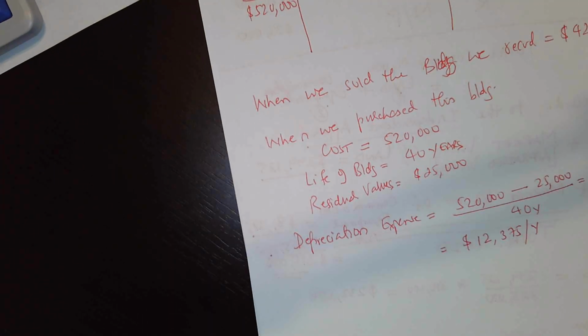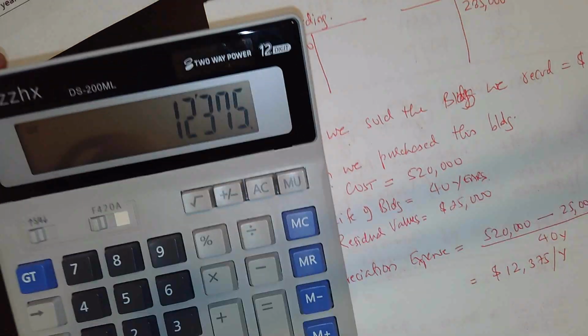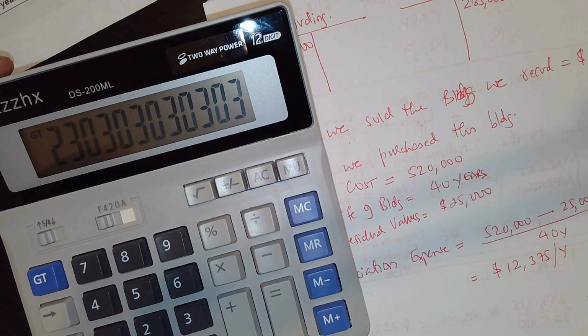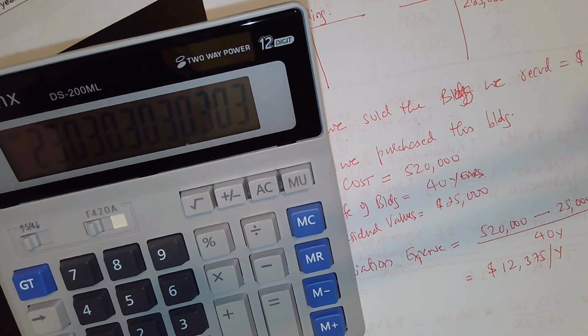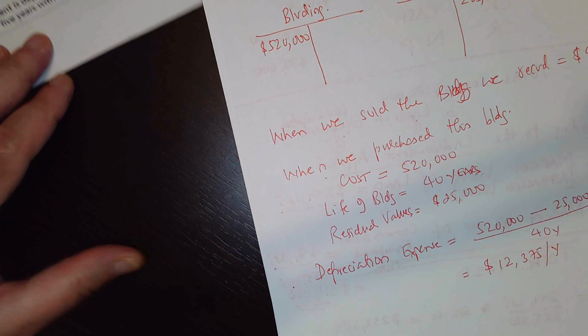Okay. So if you want to know how many years it has already been depreciated, you can take the $285,000 and divide this by 12,375. So it has been depreciated about 23 years.